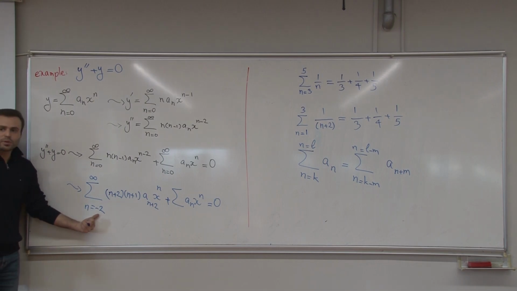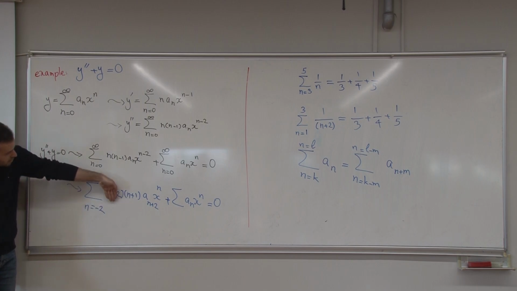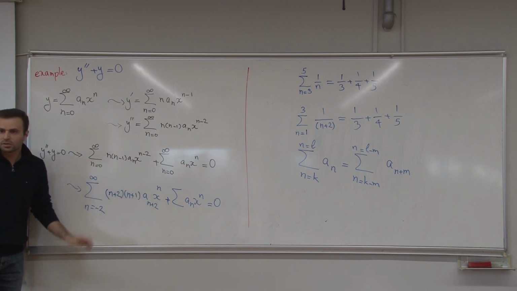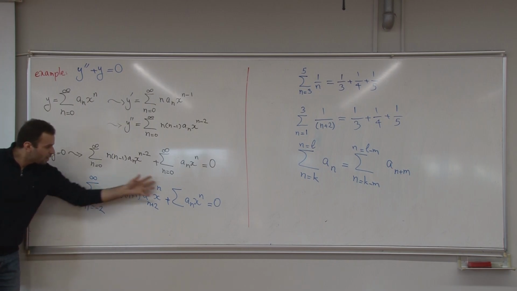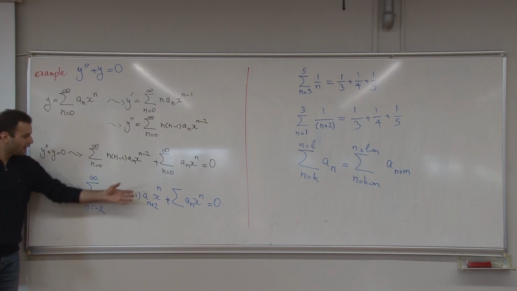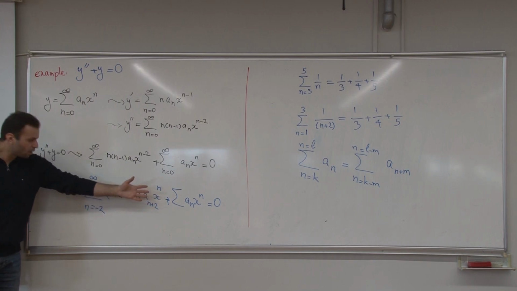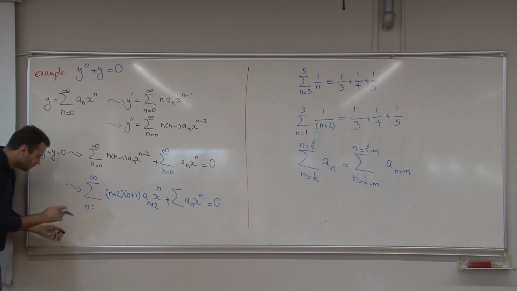If n is equal to minus 2, what will happen to this? This is 0 times something, so it is 0. If n is equal to minus 1, what will happen? This will be 0, so the whole thing is going to vanish. So for n equal to minus 2 and n equal to minus 1, we have this equal to 0, so we can get rid of it. So this can start actually from 0.